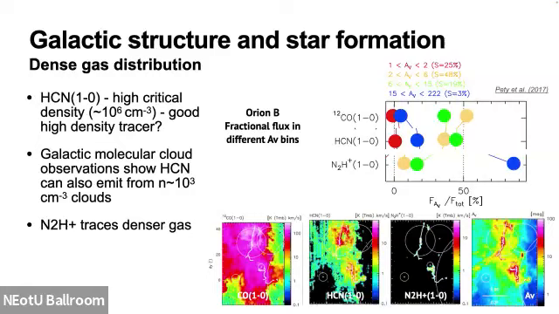If you compare the fraction of where it comes from, CO and HCN do not change as much. But for N2H+, it actually comes from the densest regions. So N2H+ might be a better tracer of dense gas.